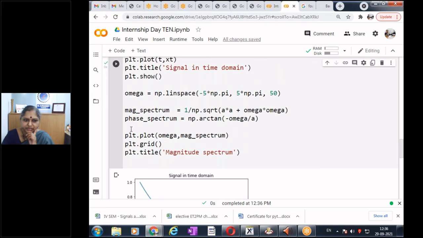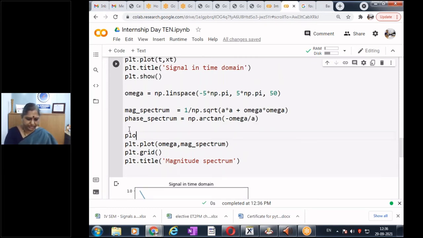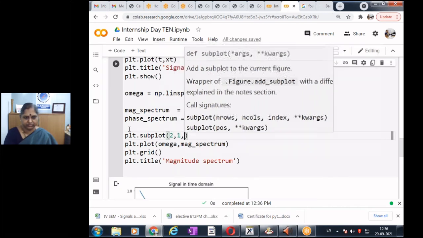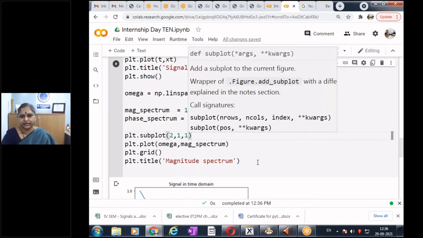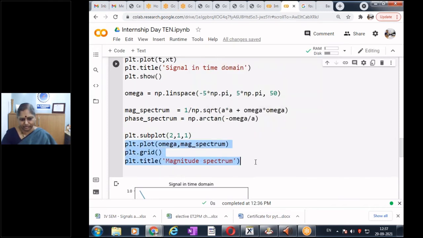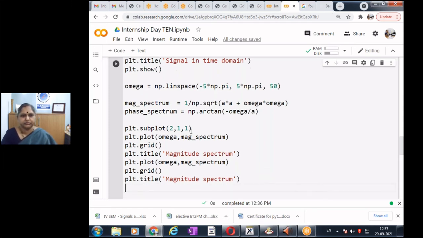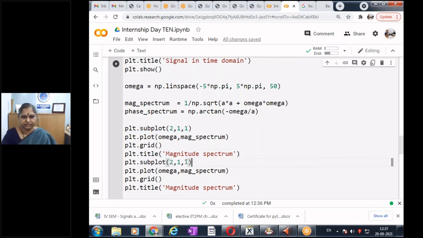Here I will do plt.subplot, and then let me have the phase plot also, with a subplot for the phase, 2, 1, 2.